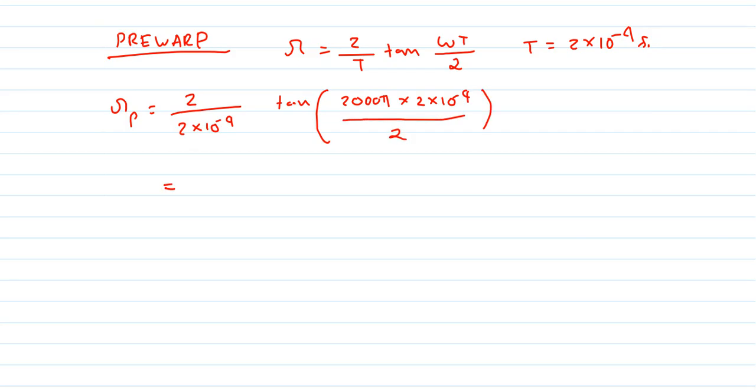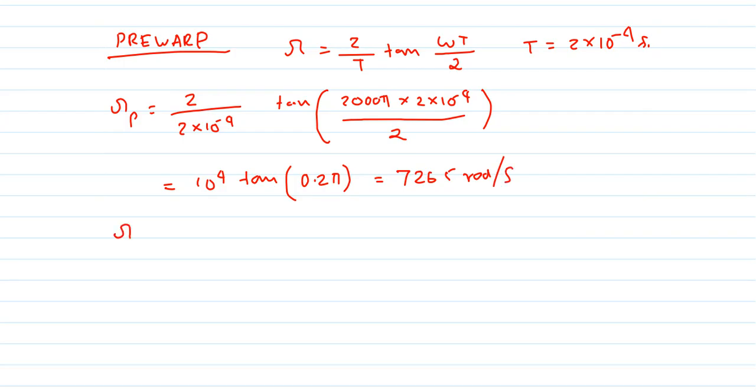So this becomes 10 power 4 tan, 2 gets cancelled, and we get 0.2 pi. If we actually solve for this, we get 7265 radians per second.